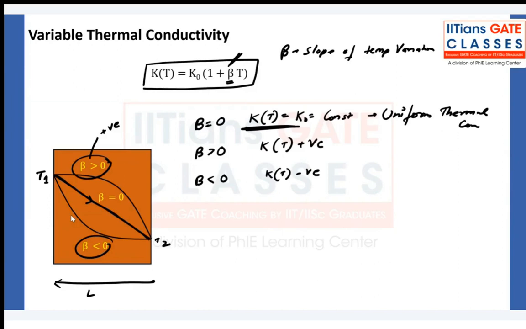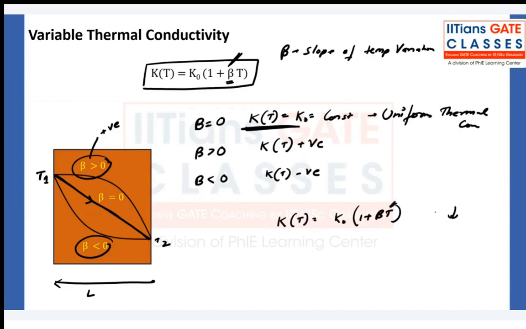What about K increasing along L? If beta is greater than 0, does K increase along L? You see what is happening here. Look, K naught 1 plus beta T. So it is about K and temperature. If you look, temperature is decreasing in this direction along L. Temperature is decreasing, and beta is positive.